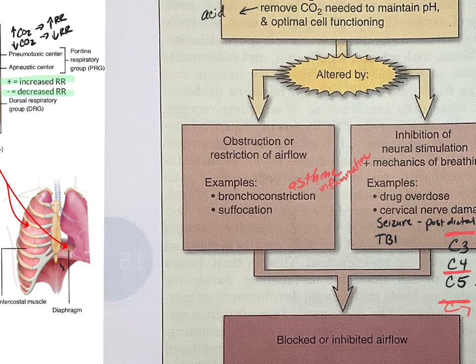Allergic response that causes the muscles in the bronchioles to constrict down and make a smaller airway. Is it going to be more difficult to move air through a smaller hole? Absolutely. If you want to try it, try breathing through your straw. A lot smaller, a lot harder.